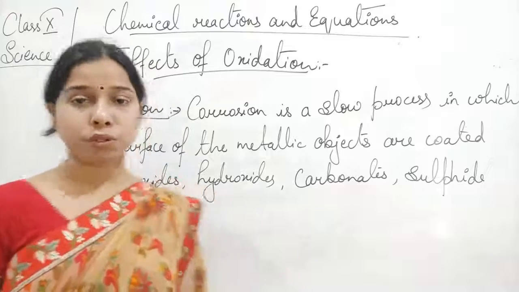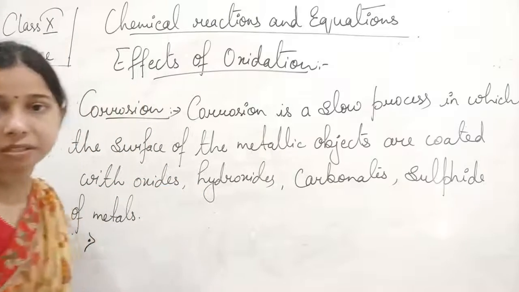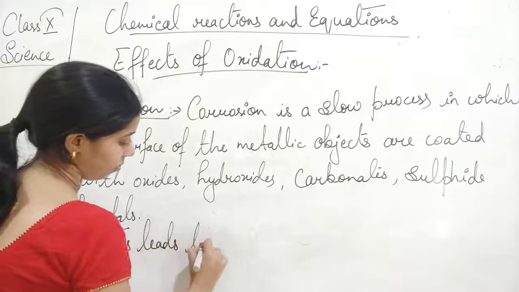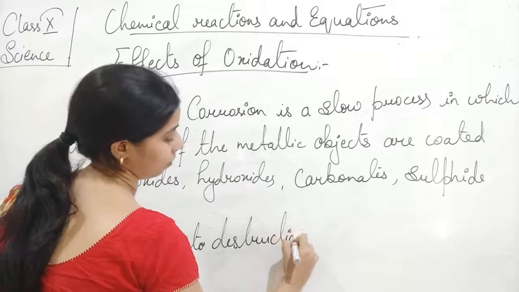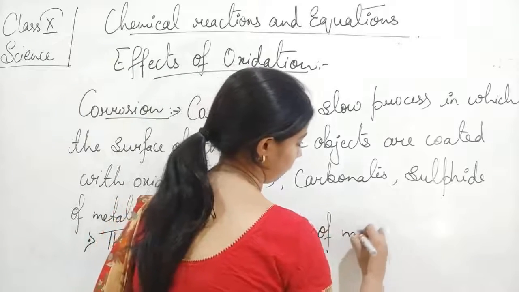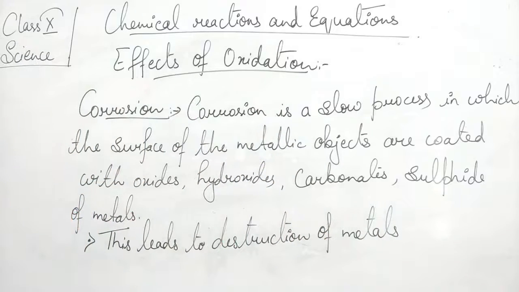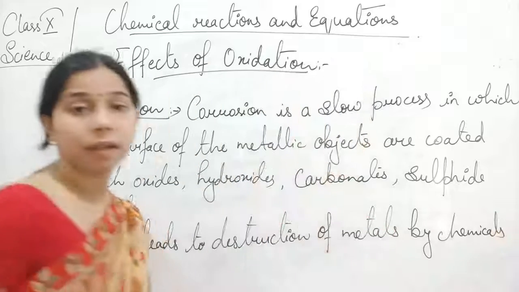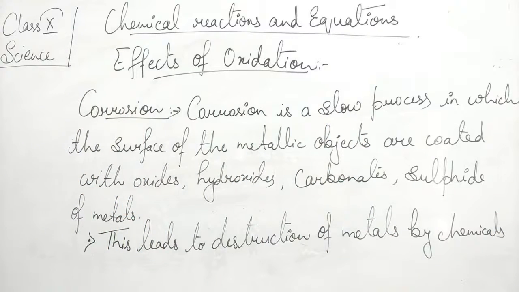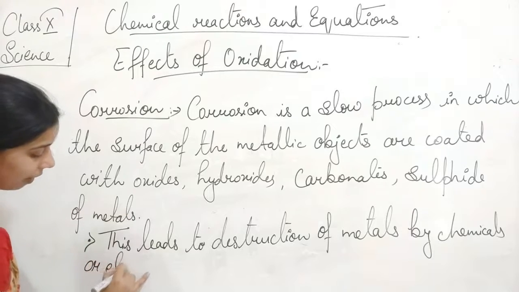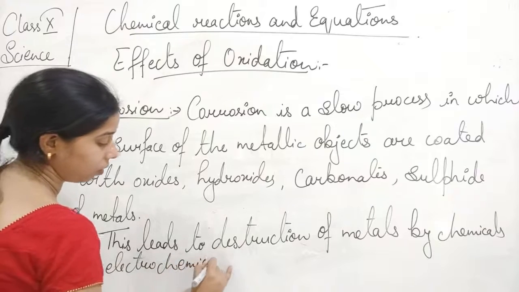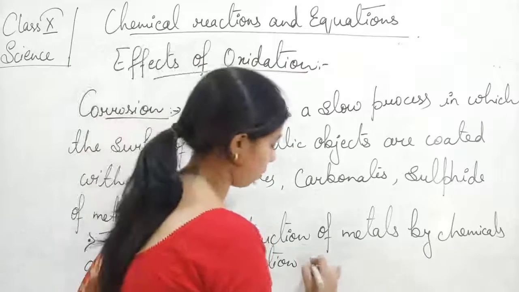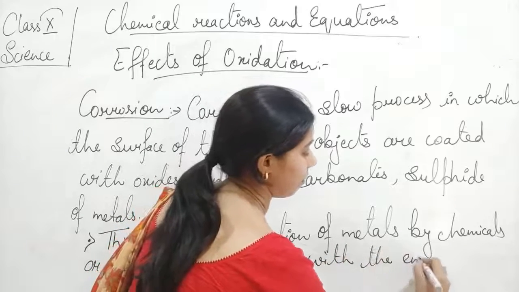Now what happens because of corrosion? We can write that this leads to destruction of metals by chemical or electrochemical reaction with the environment.